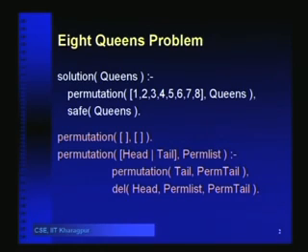So, this list queens will have 8 queens. The first number in this list will tell us which is the row where we are placing the first queen. First queen means the leftmost queen, the queen in the first column. The second number tells us the row number where the queen of the second column stands, right.